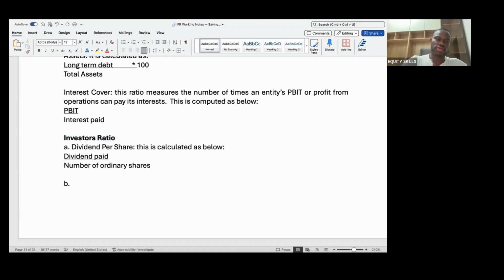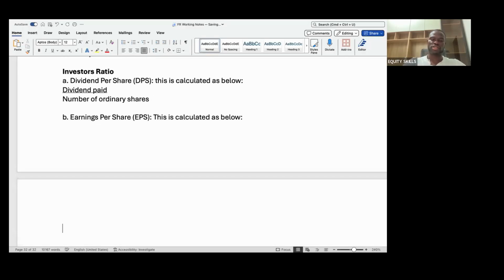Similar to that is earnings per share. And this is calculated also as below. From the name, earnings per share, EPS. This one is usually shortened as DPS. This is usually shortened as EPS. So EPS is the amount of company's profits attributable to each ordinary share.